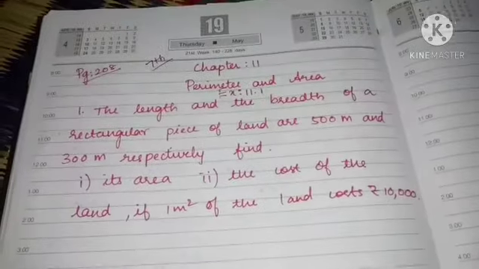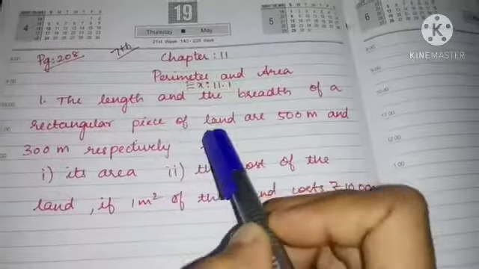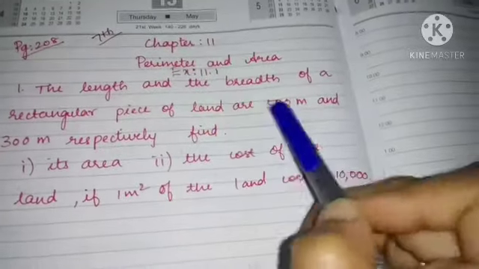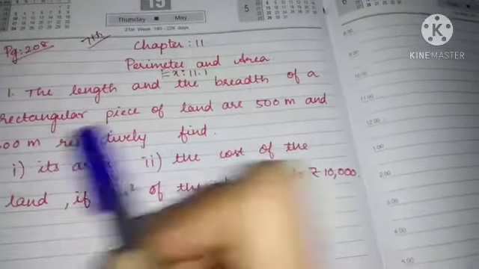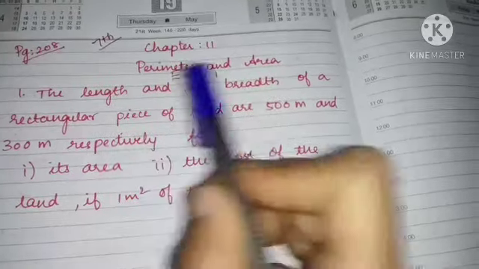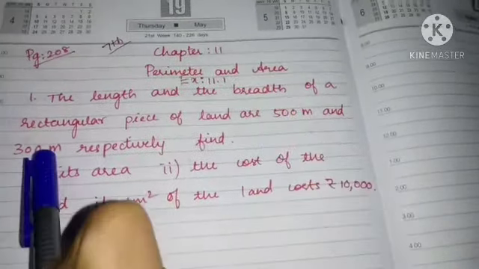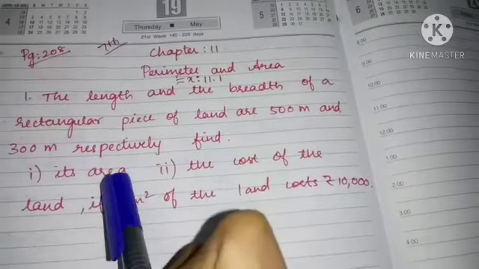The length and breadth of a rectangular piece of land are 500 meter and 300 meter respectively. So what is given? Length is 500 meter, breadth is 300 meter. Find its area.